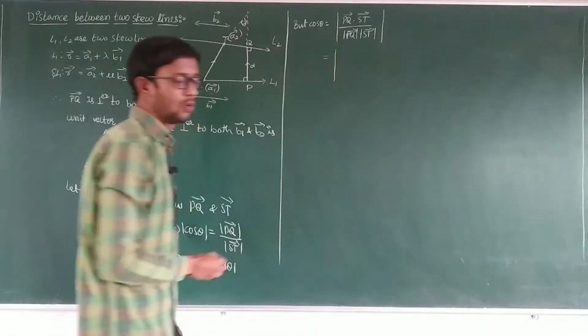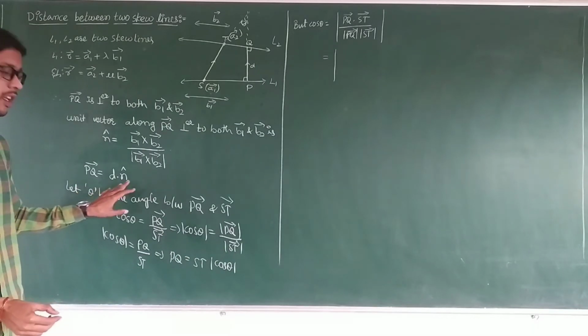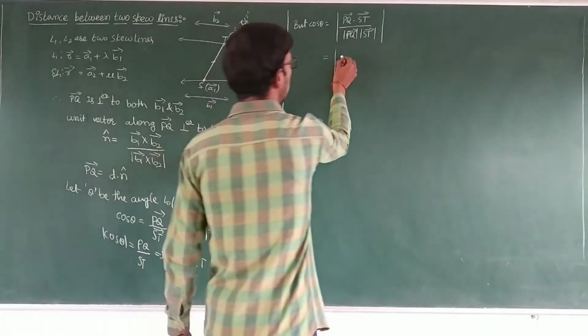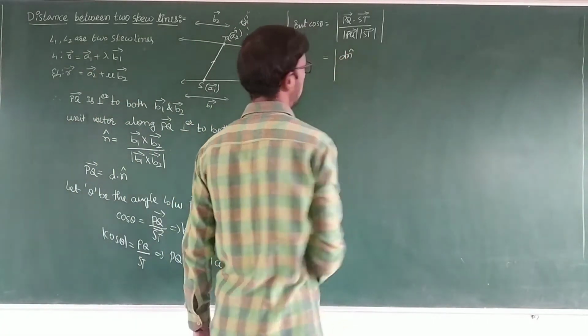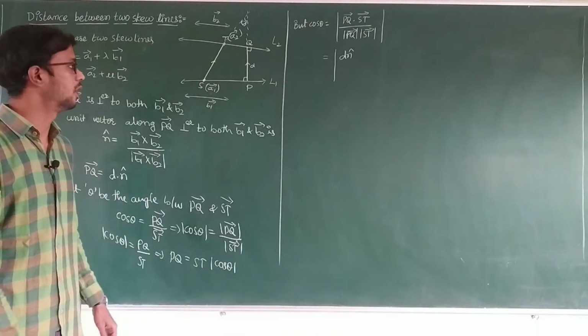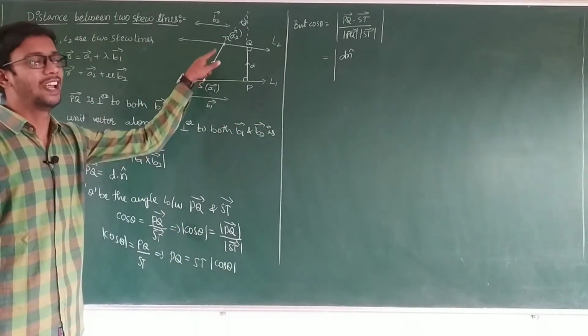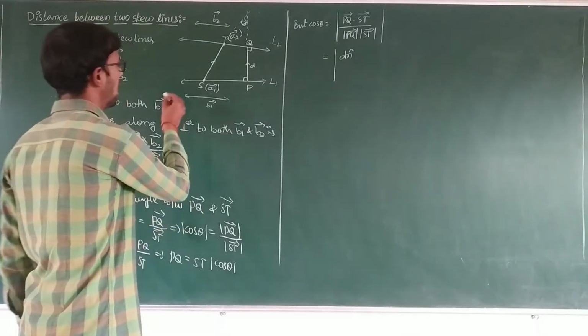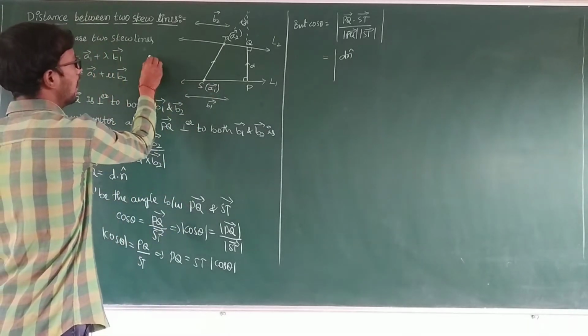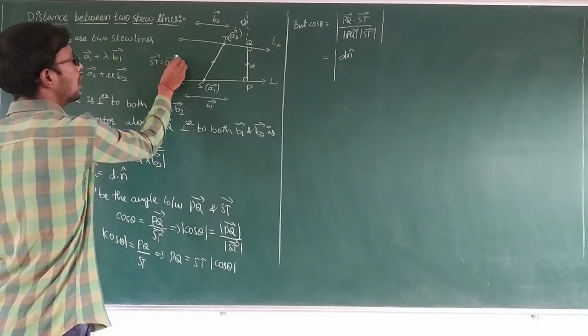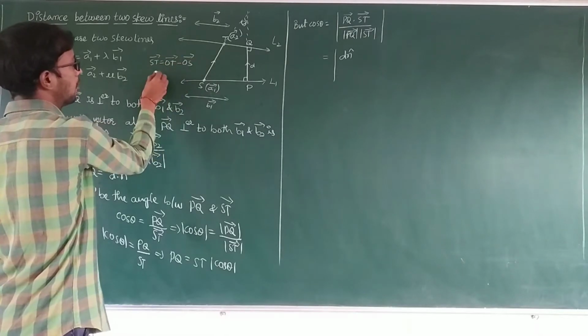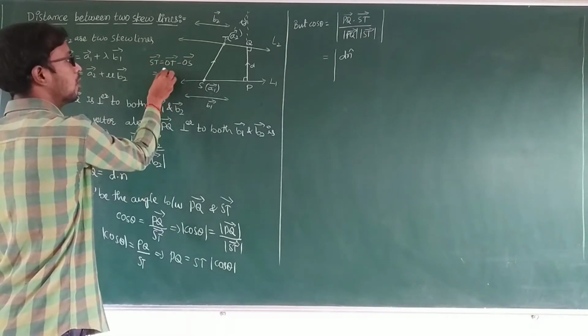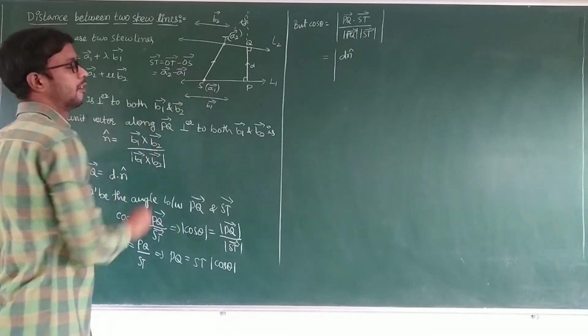What is PQ bar? PQ bar is nothing but d n cap. What is the SP bar here? SP bar is equal to OT bar minus OS bar, the position vector a2 bar minus a1 bar.